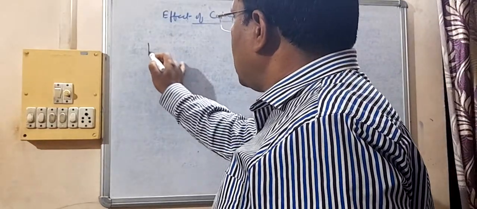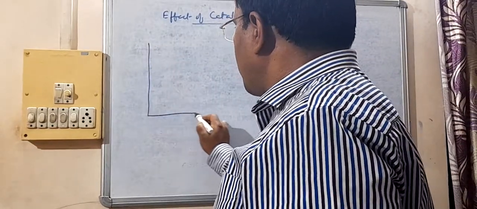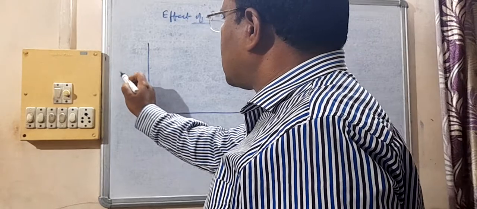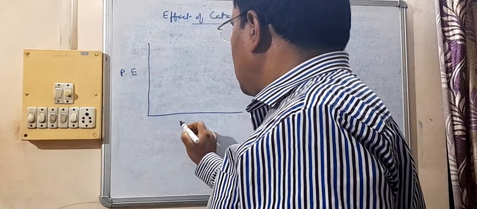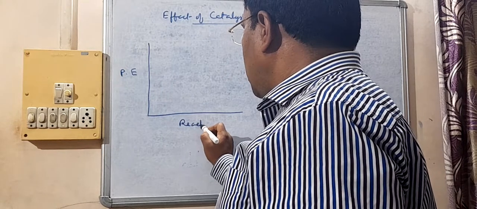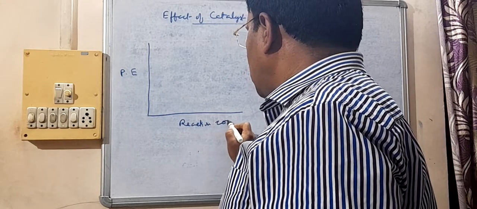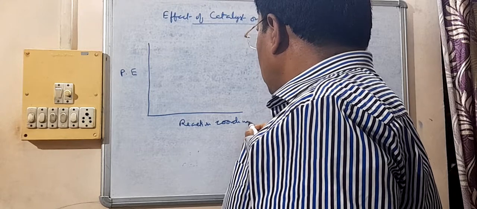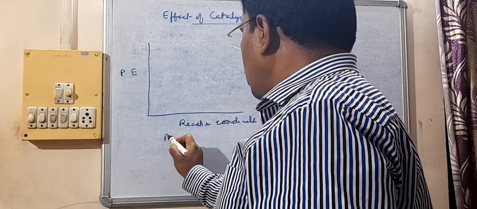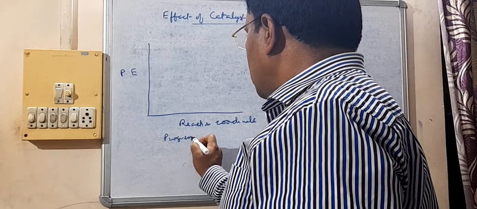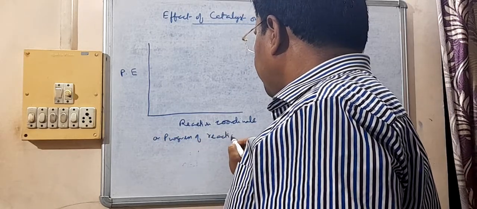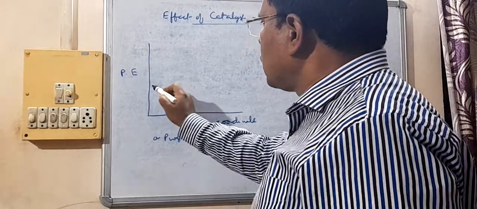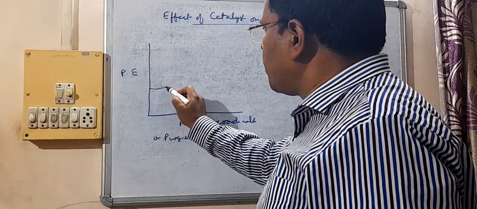Now we had discussed this graph. Here we plot potential energy, and here we have reaction coordinate or progress of reaction. We have this type of graph.